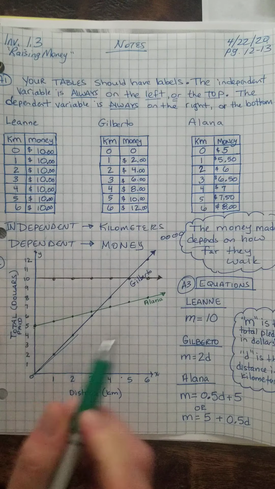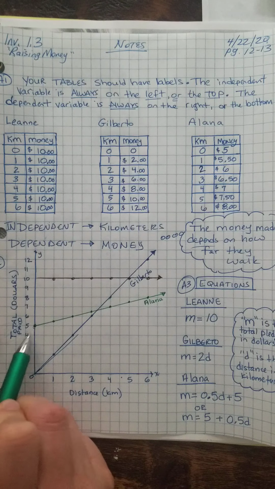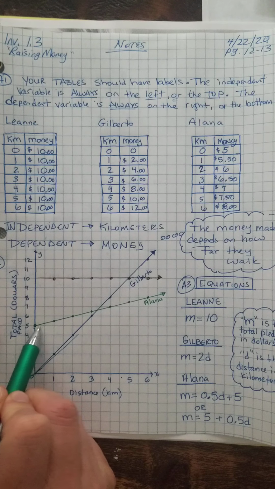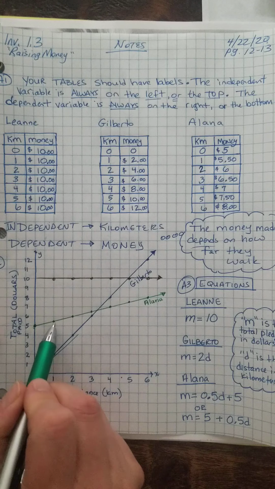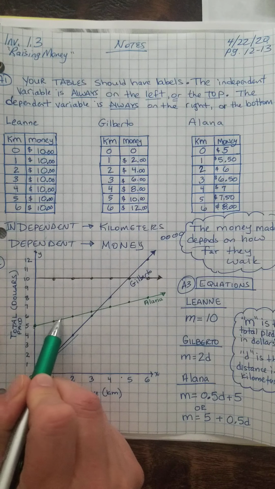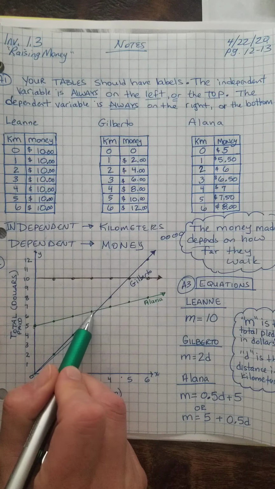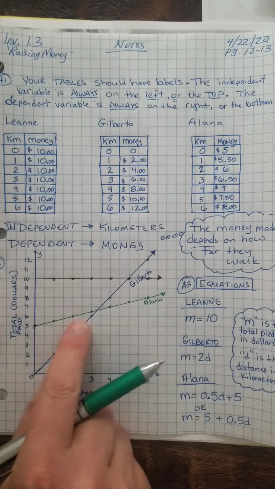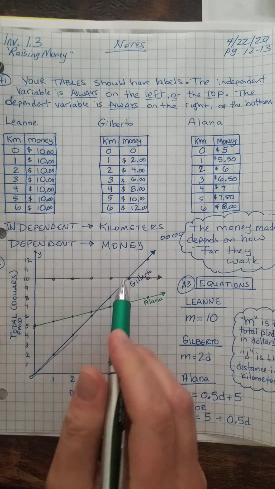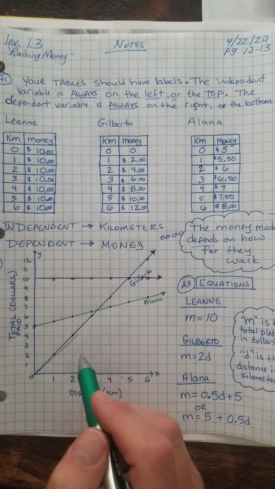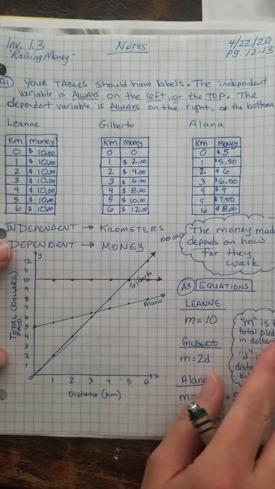And then from there, every time she increases 1 kilometer, it goes up 50 cents. So 50 cents, 1 kilometer, 50 cents, 1 kilometer. She has a stair step, but you can tell it's less steep than Gilberto's graph.